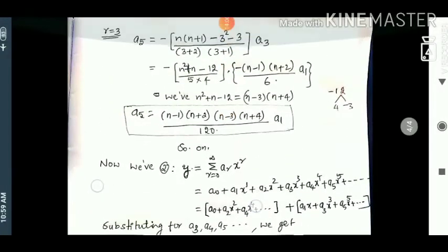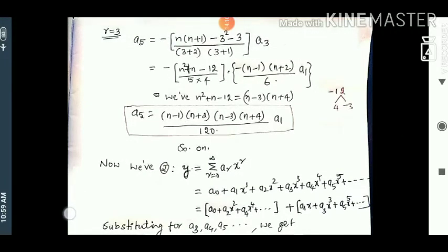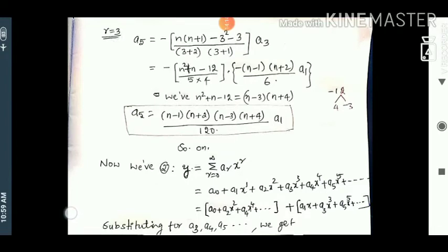Now we have to find a5. For that, a5 equal to minus of n into n plus 1 minus r, where r is 3 here, so 3 square minus 3, divided by 3 plus 2, because r is 3, into 3 plus 1 into a r, which is a3. So which is minus of n square plus n minus 12, because minus 3 square, which is minus 9, minus 3 is minus 12, divided by 5 into 4 into a3.